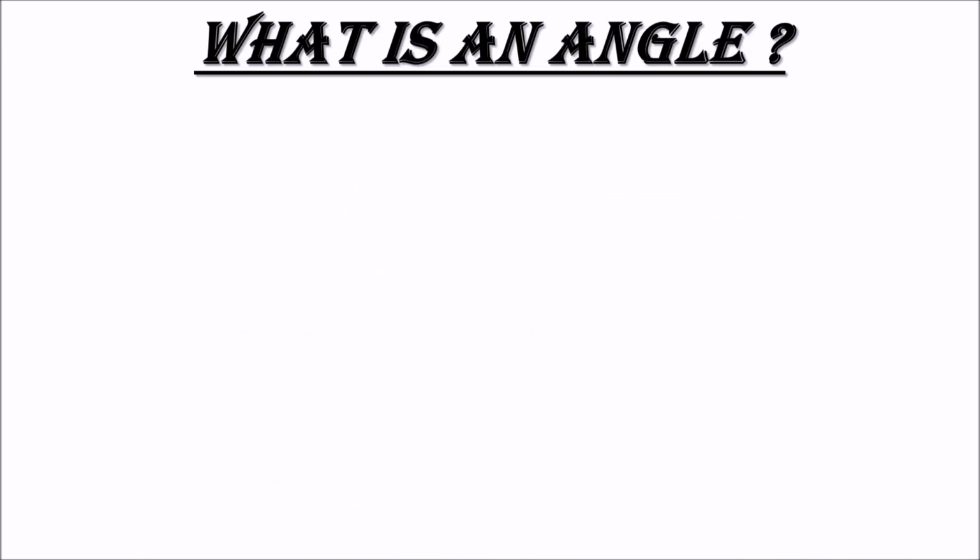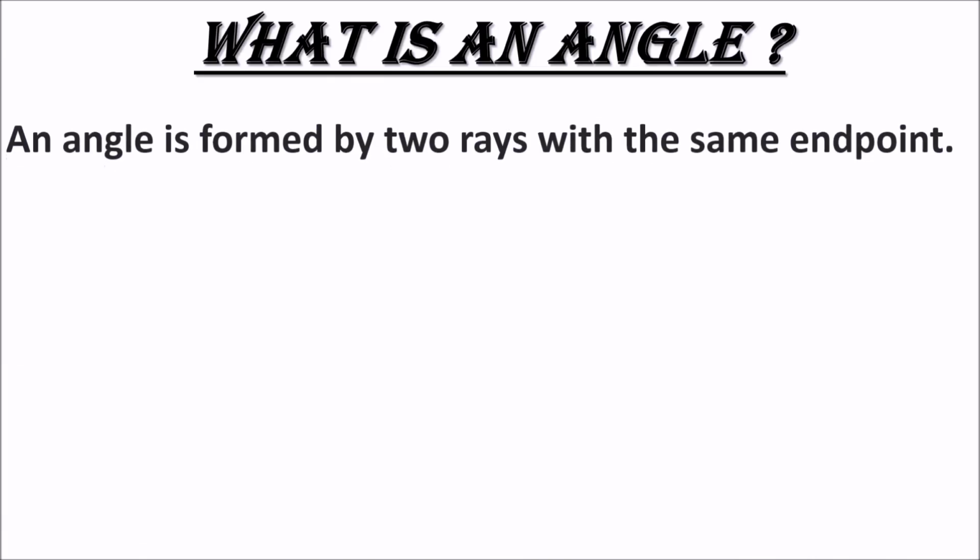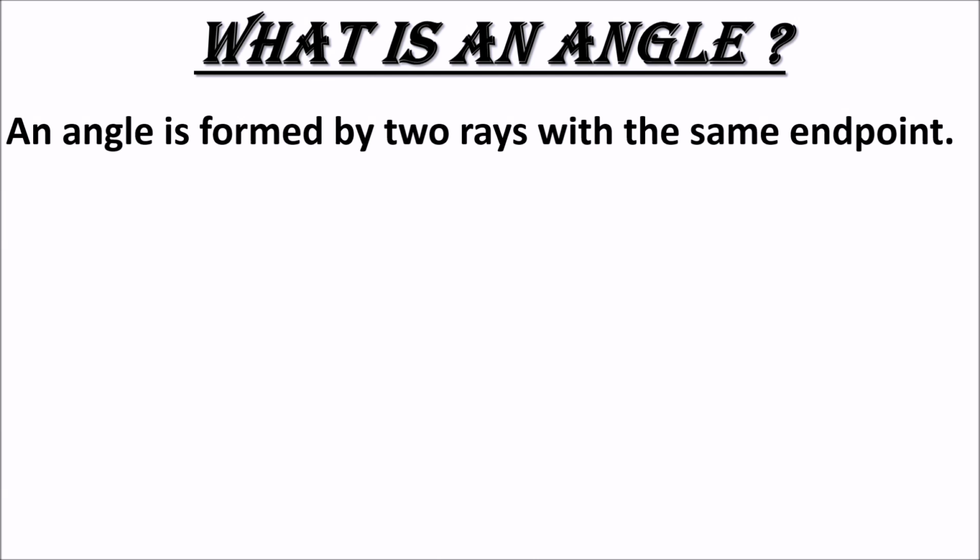What is an angle? An angle is formed by two rays with the same end point. Here we have a ray. Here point A is called the end point of a ray. Now we will take one more point on this ray, say it is B. Now it is ray AB, right?